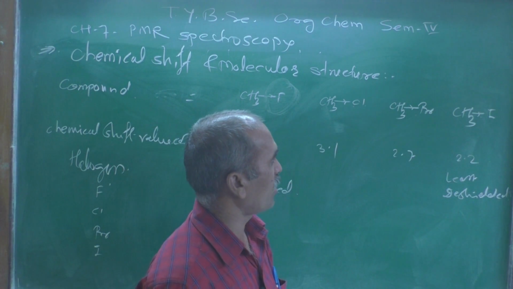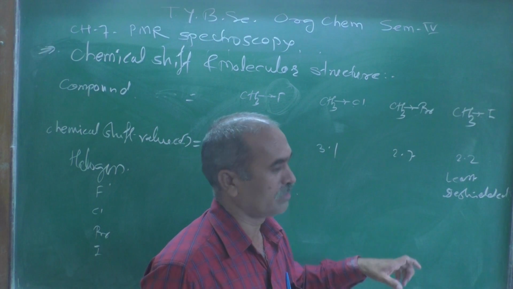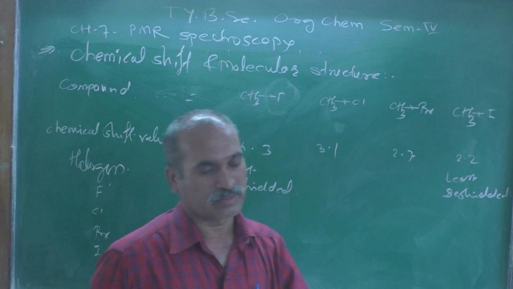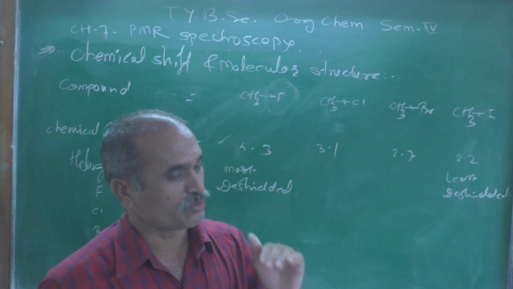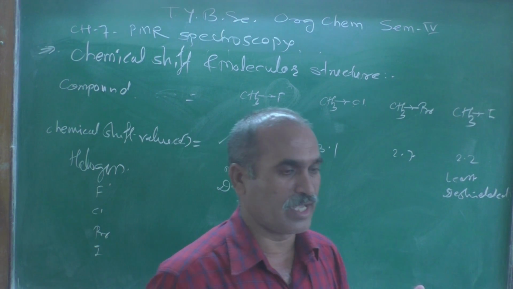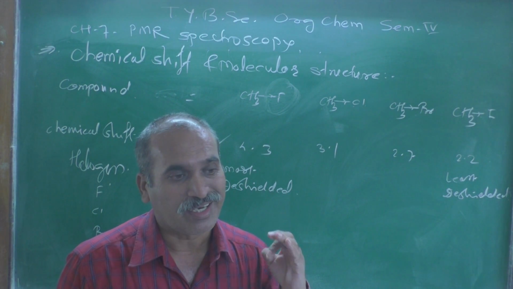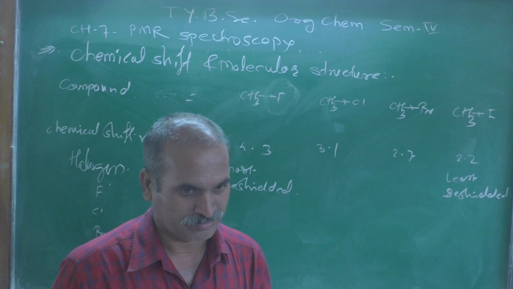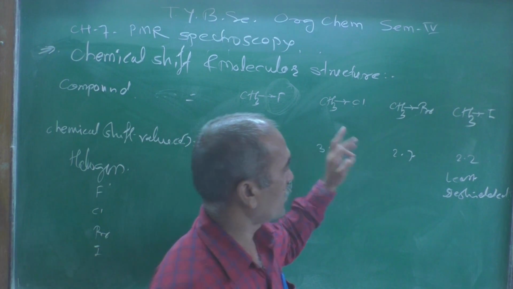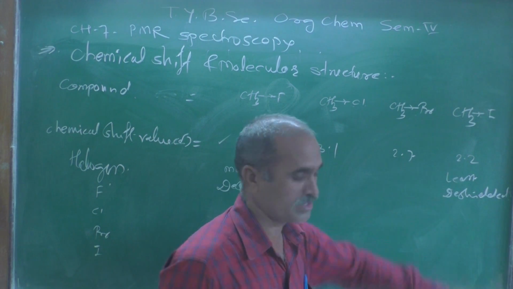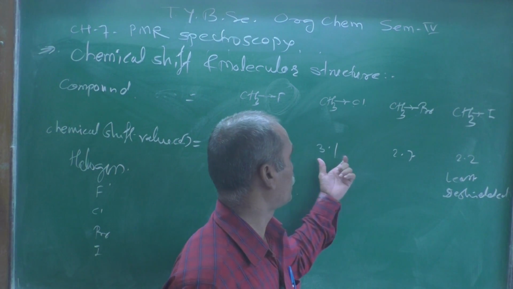Look at methyl bromide. Bromine is less electronegative than chlorine, so it can pull the electron density toward itself, but to a lesser extent, and therefore the chemical shift value is 2.7, less than chlorine.